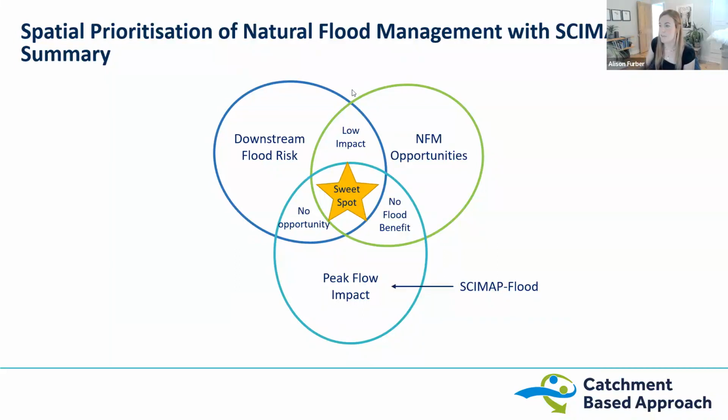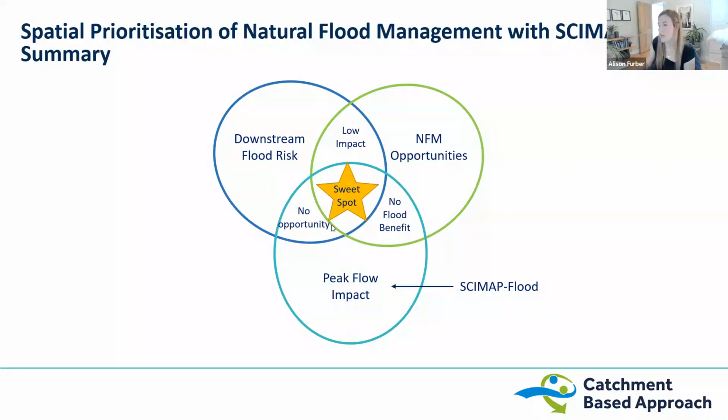Because if any one of these three things is missing, so let's say we've got a downstream flood risk and maybe there's a peak flow impact, but there's not an opportunity, then there's actually no opportunity to do anything.